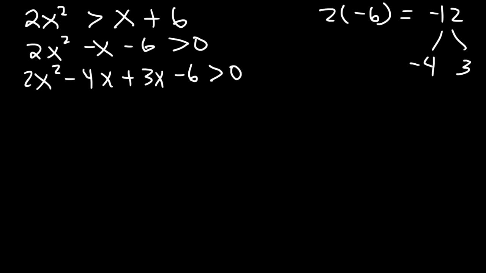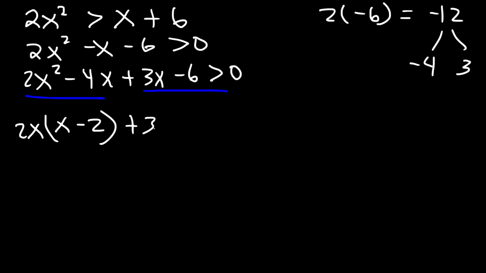Now let's factor by grouping. So in the first two terms, take out the GCF, which is 2x. 2x squared divided by 2x is x. And then negative 4x divided by 2x is negative 2. Now in the last two terms, take out the greatest common factor, which is 3. 3x divided by 3 is x, negative 6 divided by 3 is negative 2.